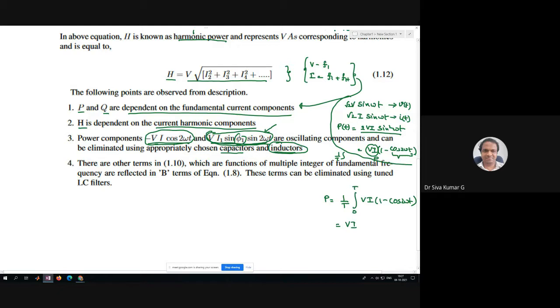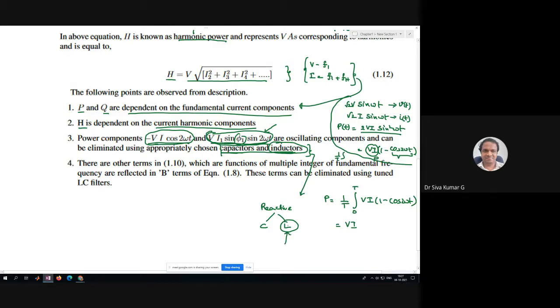This other term comes out when you have capacitors and inductors. These are basically related to the reactive component, the inductor and capacitor. Because the majority of our loads are inductive loads.